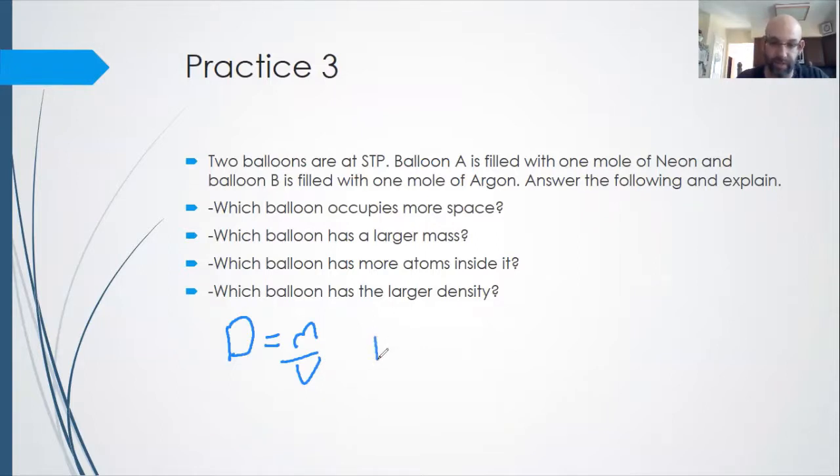So really, for this, density is really just dependent upon mass. So which balloon has the larger mass? We already said it, it was argon. All right, so which balloon has larger density? Again, it would be argon. Both balloons have the same volume again, and therefore mass is the driving factor for density, and which one has the larger density, the larger mass? Argon.